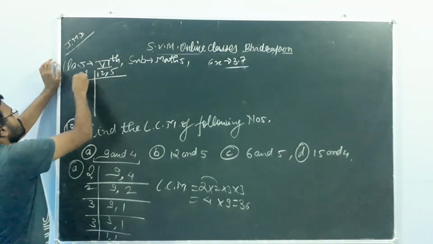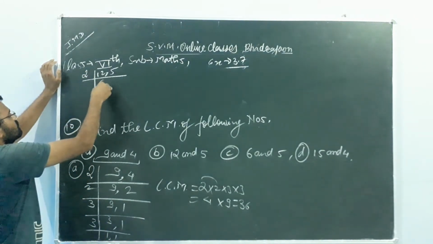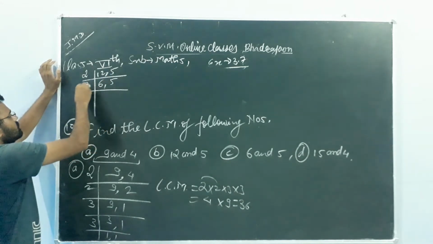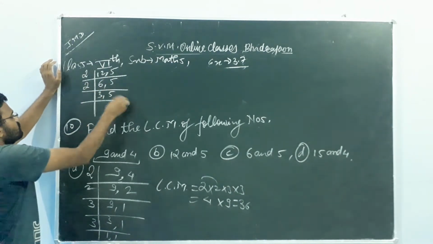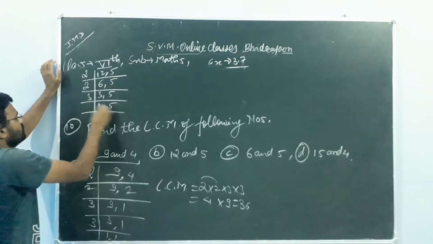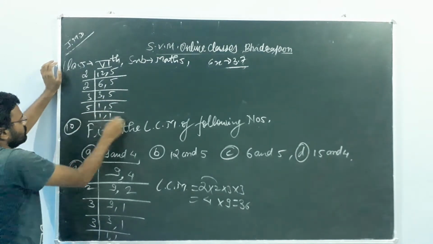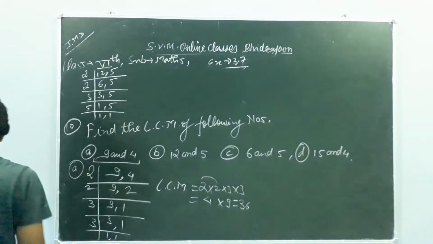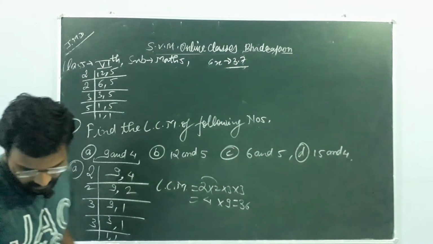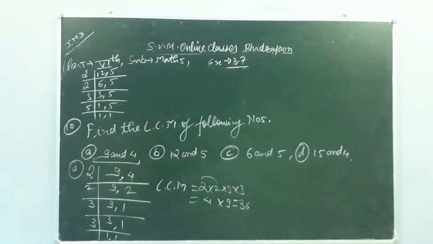Now what we have to do is, we will divide by 2. 2 6s are 12 and 5 remains as it is. 2 3s are 6 and 5. 3 1s are 3 and 5. 5 1s are 5, and 1 and 1.